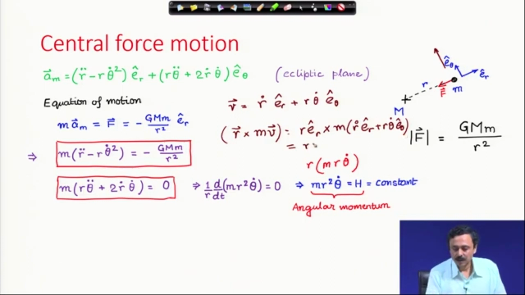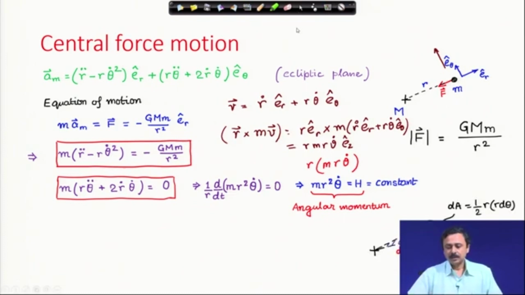Then this becomes r m r theta dot e z cap. Therefore, this is m r square theta dot, which we have. So this is angular momentum.